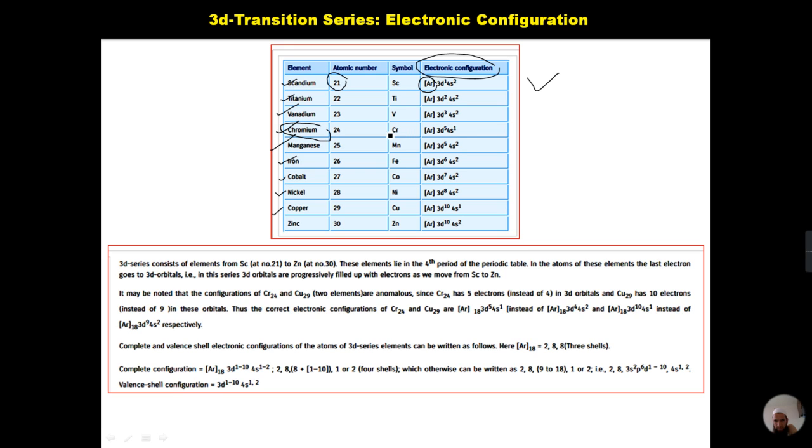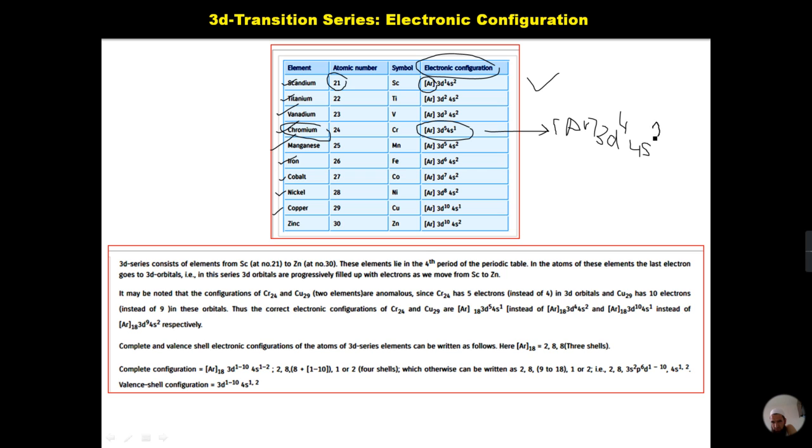Look at this chromium. You normally expect the electronic configuration to be argon, followed by 3d4 and 4s2.